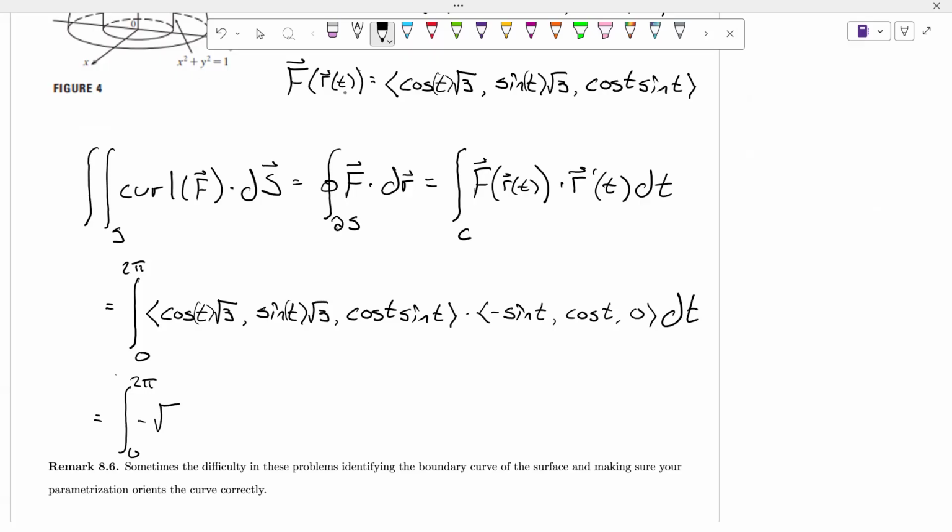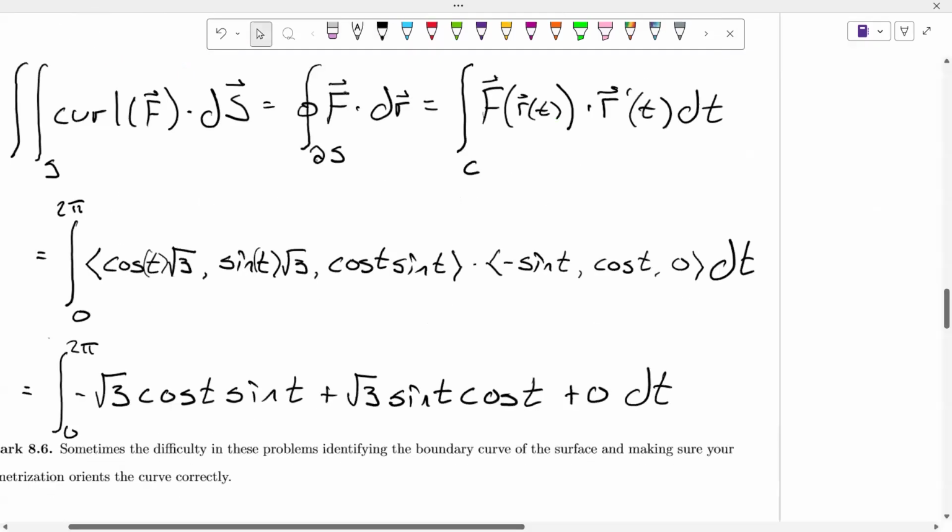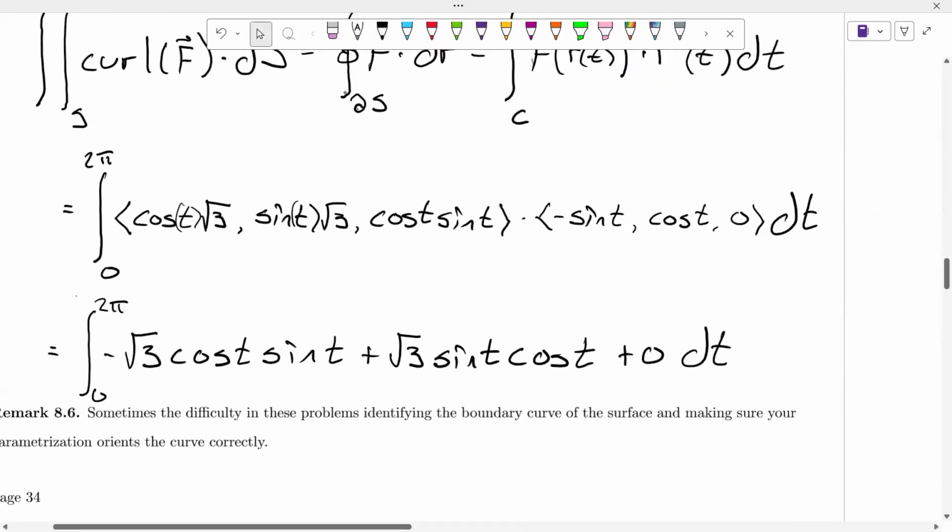I've got a negative square root 3 cosine t times sine t for the first component, the square root of 3 times sine t times cosine t for the second component, and 0 for the third component, since anything times 0 is 0. So negative 3 cosine t sine t plus square root 3 cosine t sine t, that just adds up to 0.